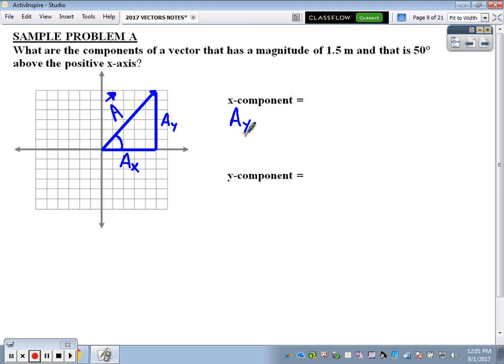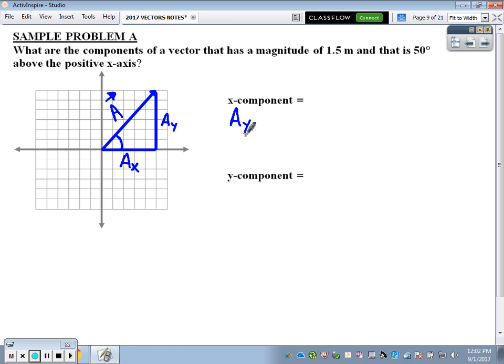We know the hypotenuse on this right triangle, the vector itself, and it has a magnitude of what? 1.5 meters. So we know that as a quantity. We have the hypotenuse. AX in this right triangle, is that the adjacent side or the opposite side? The adjacent. So what trig function would we use that incorporates the hypotenuse and the adjacent side?